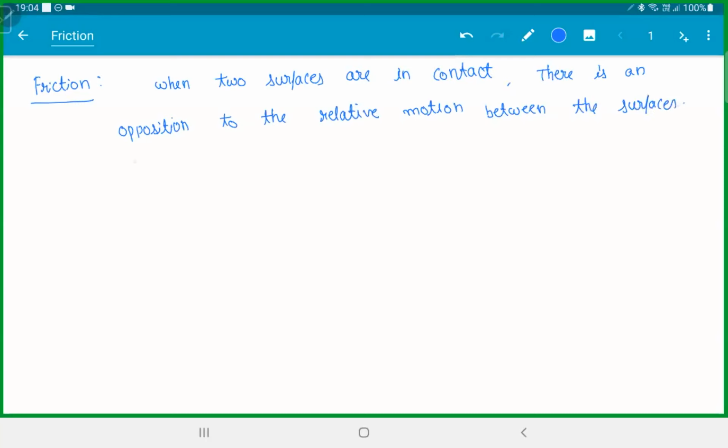This property is called friction. And the force responsible is called frictional force. But then again, we call it friction only. We are too lazy to add more.